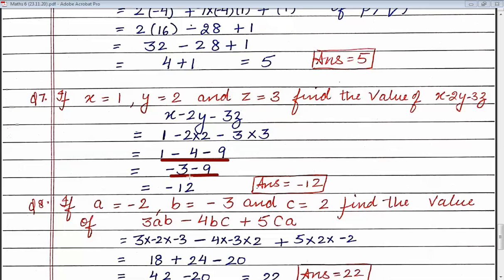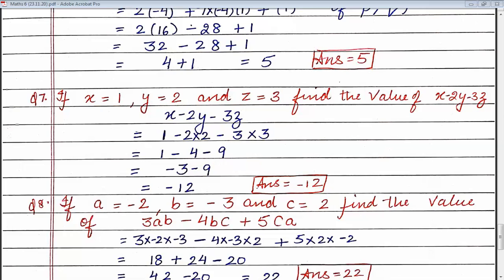And in the next step, minus 3 minus 9 will add up and your answer will come minus 12. So what is the value of this given expression? That is minus 12. So the value of the algebraic expression x minus 2y minus 3z is minus 12. Okay.